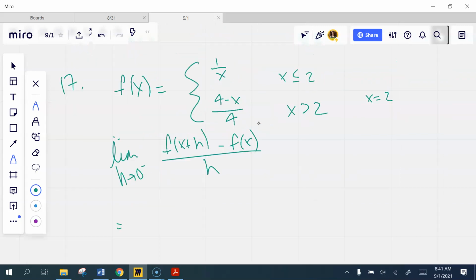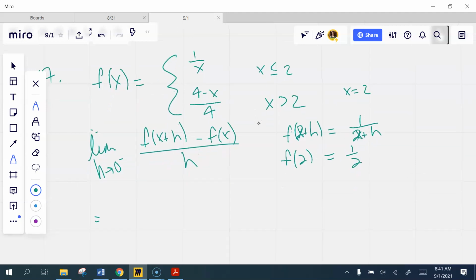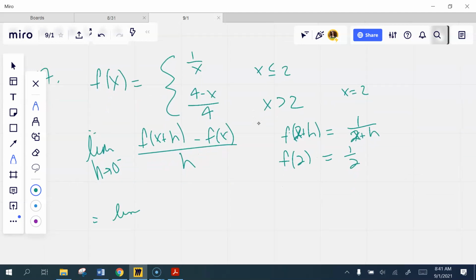All right, so I'm going to come off to the side. This is the left-hand side. So f of x plus h is going to be 1 over x plus h. Yes? But this needs to be 2, right? Okay, hold on.